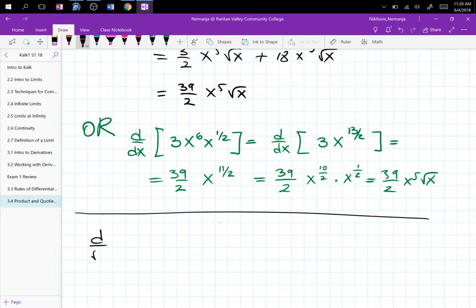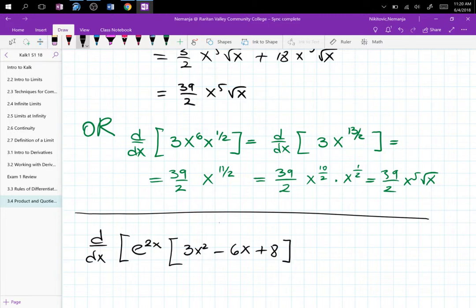How about the derivative of e to the 2x, and in parentheses, 3x squared minus 6x plus 8. Oops, it's supposed to be parentheses. There we go.